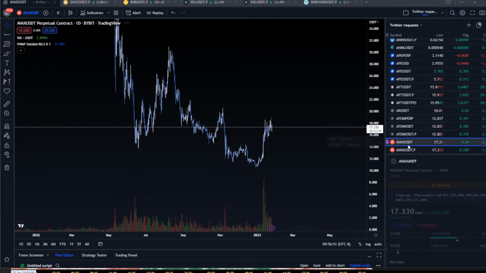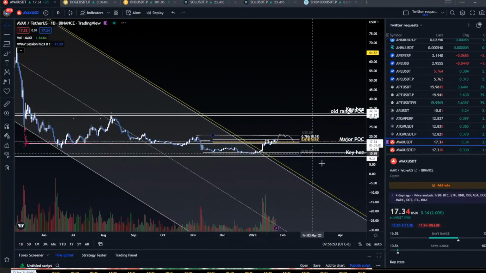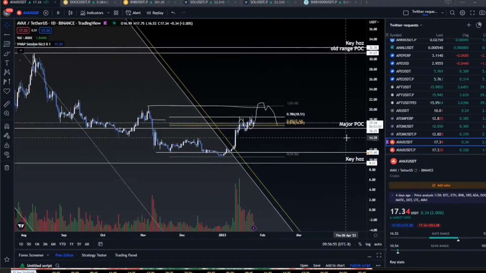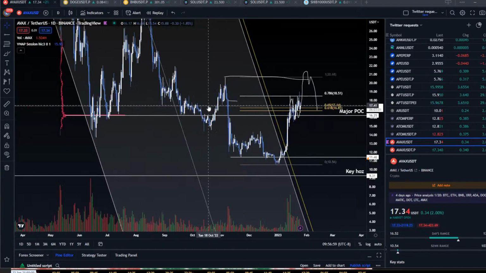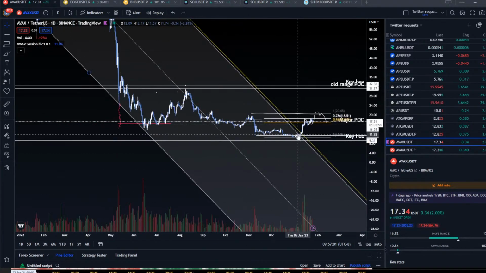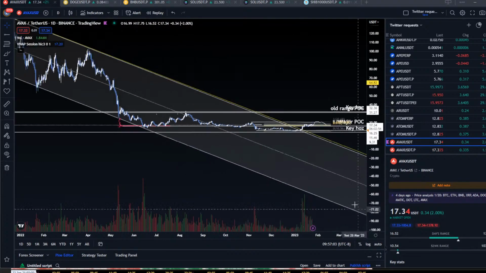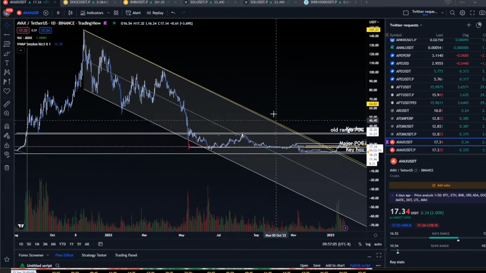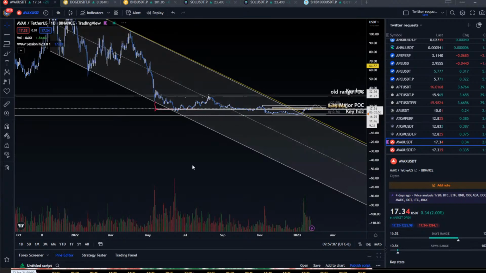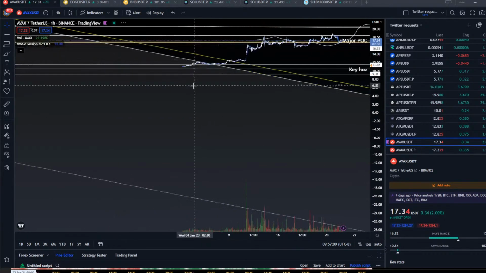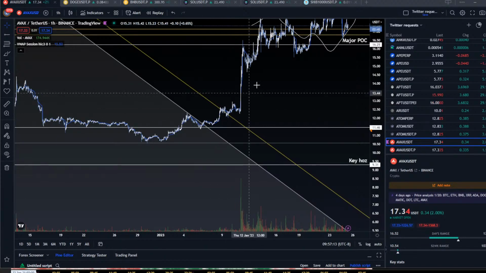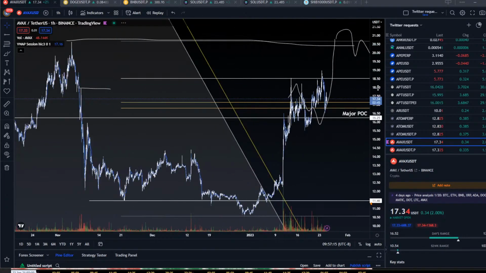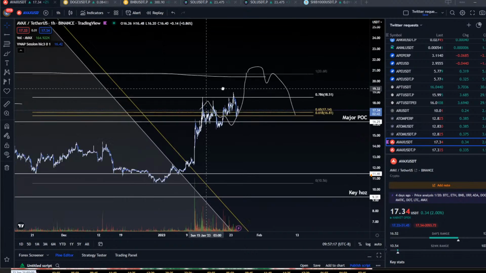I want to just look at this. So AVAX, I was watching it here because we were grinding up along this ascending structure, and it did just look like price wanted to break out of there. But what do you know?